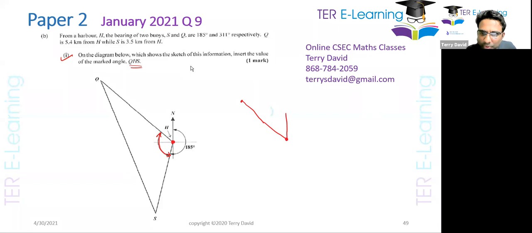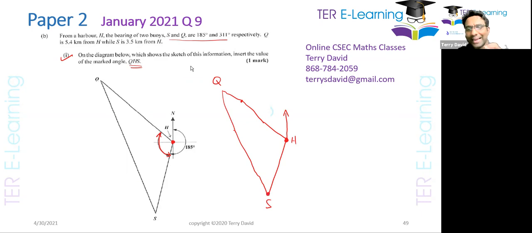So this point here is my H, this is Q, this is S, and this here we know is my H. Now they said the bearing of, we need to read this part carefully, the bearing of S from H. Now this is the point S here, and the bearing of S from H, which means I normally draw my north line at the point H. And that's 185 degrees, which means that this angle here is 185 degrees, which is what they've shown on the diagram. This makes sense, right?